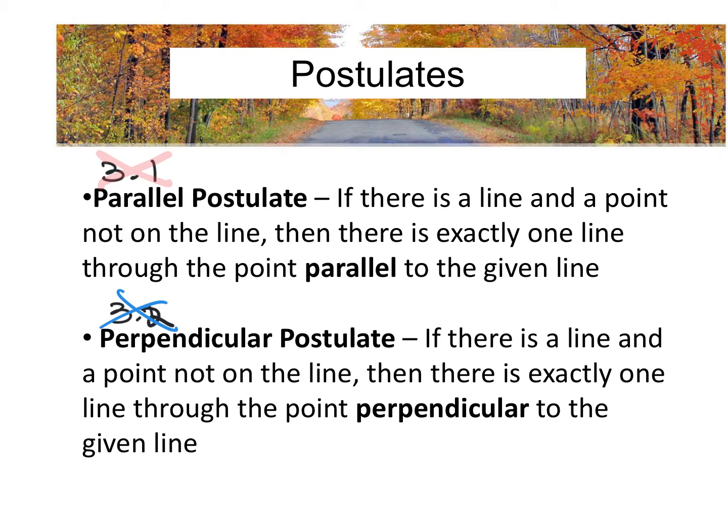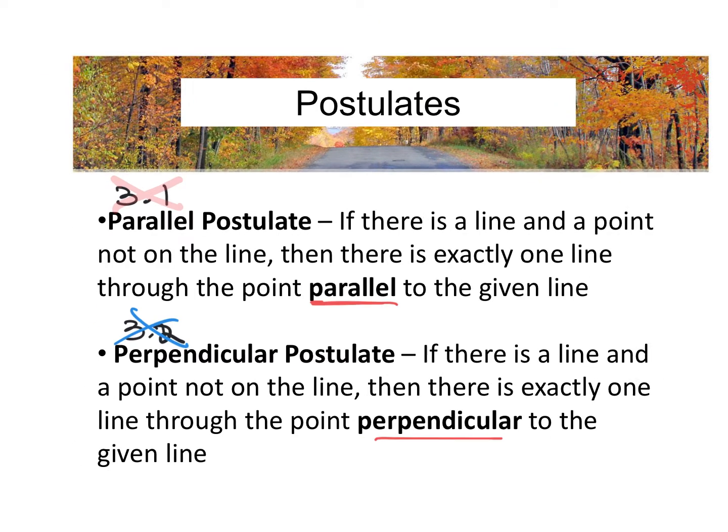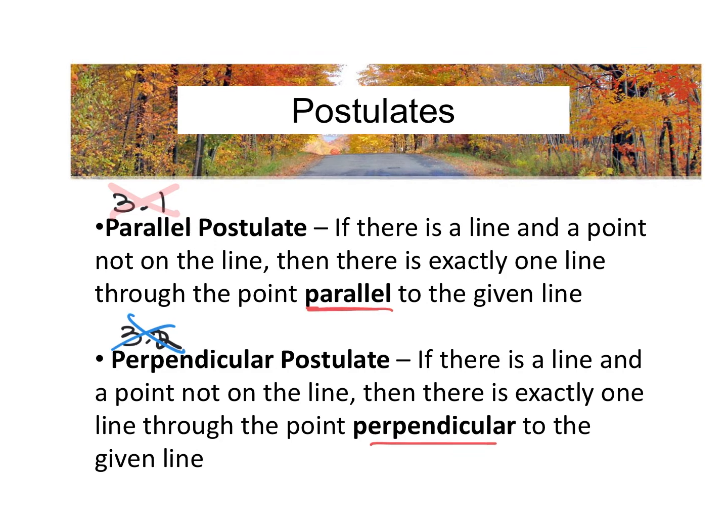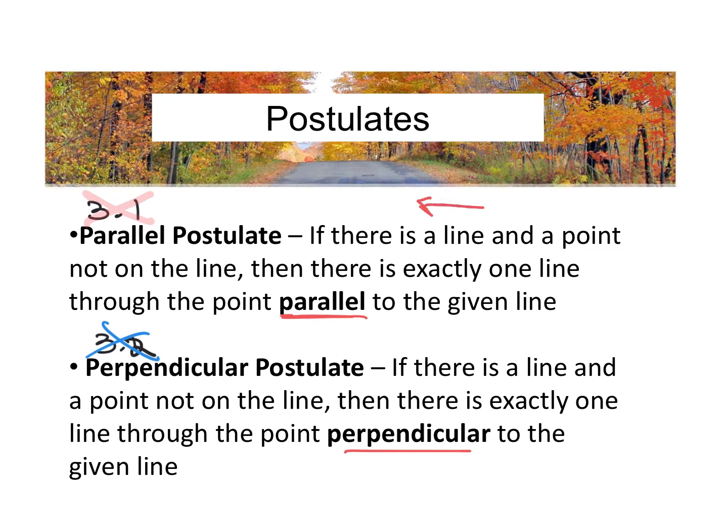Notice both postulates are basically saying exactly the same thing, but the only word they're changing is parallel and perpendicular. So the parallel postulate states, if there is a line, so let me draw the line, and a point not on the line, so I could put it right above it, then there is exactly one line through that point that is parallel to the given line.